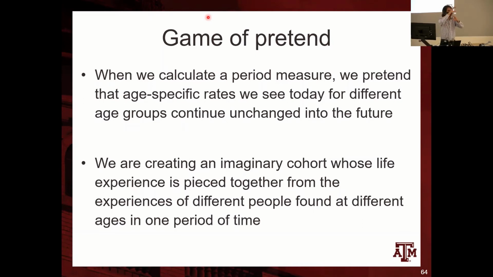So I get the number of children that they had and divide by the number of women in that age group. Do the same thing for women between 20 and 24. How many children they had up to that year of 1980, and how many women between 20 and 24 are in that year. So what I'm calculating are fertility rates for specific age groups.